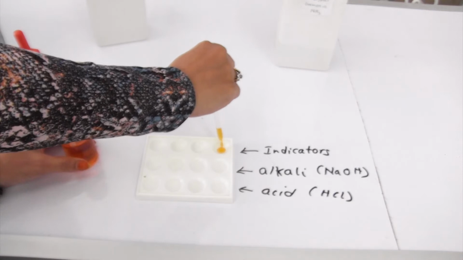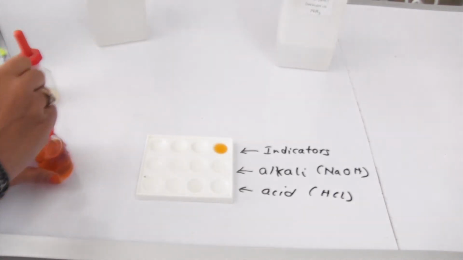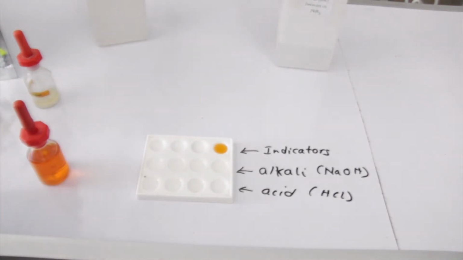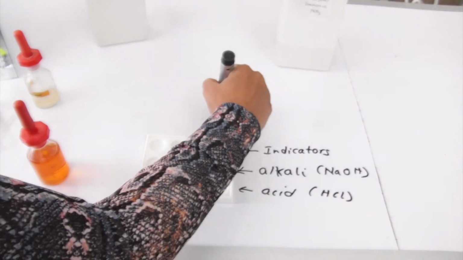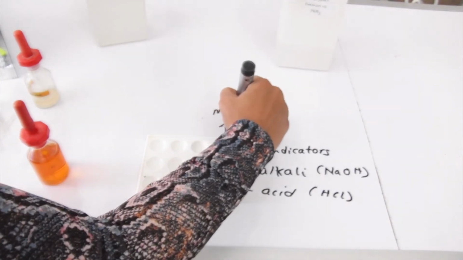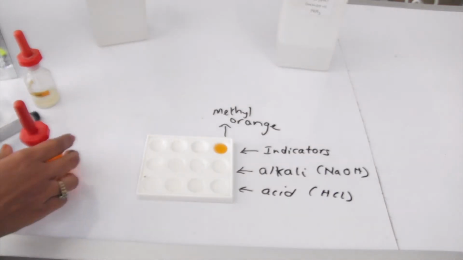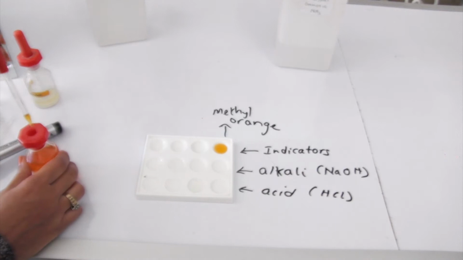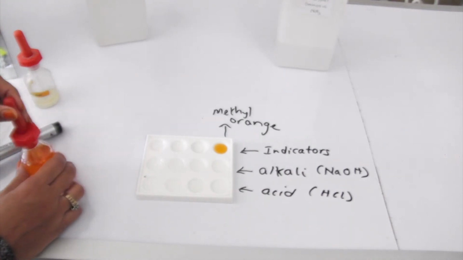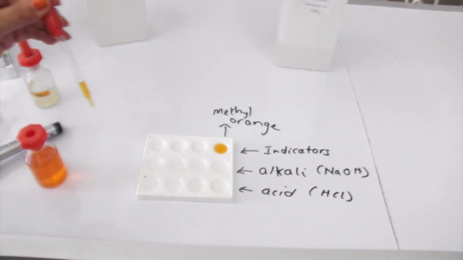I'm going to add it here, this is methyl orange, which is orange, and hence I'm going to add a few drops of methyl orange in alkali and acid. Let's add it in the acid first.